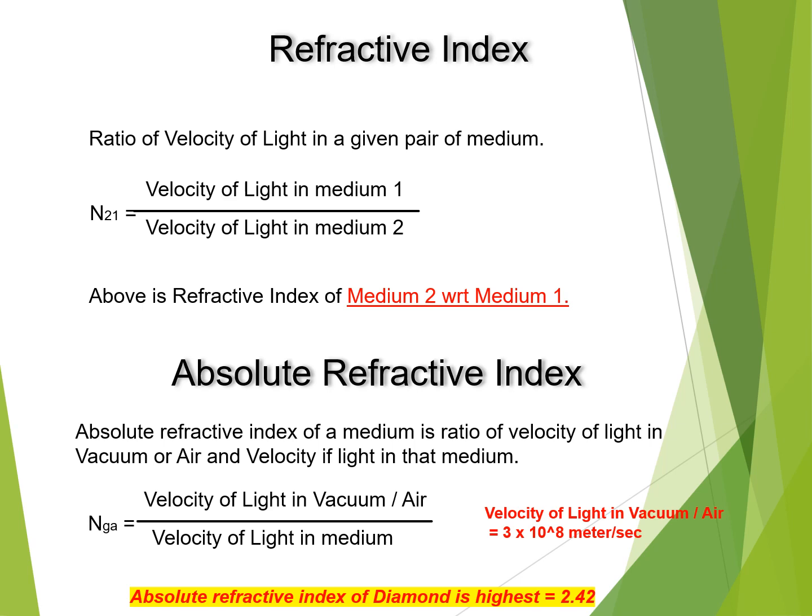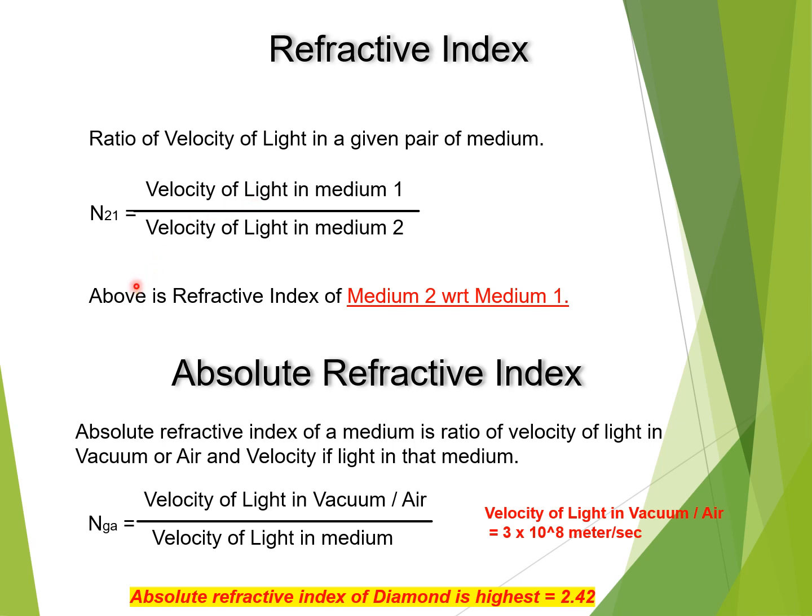Then what is refractive index? We just referred to it. The refractive index is the ratio of velocity of light in a given pair of media. There the medium was air and glass, right?